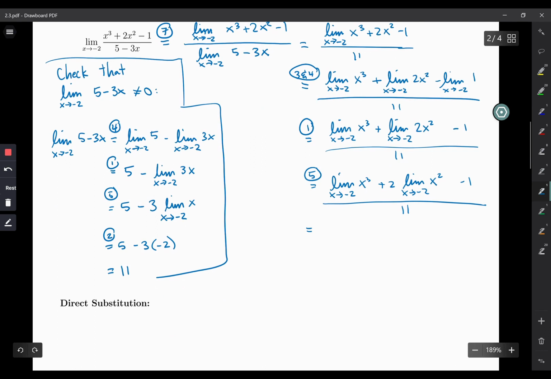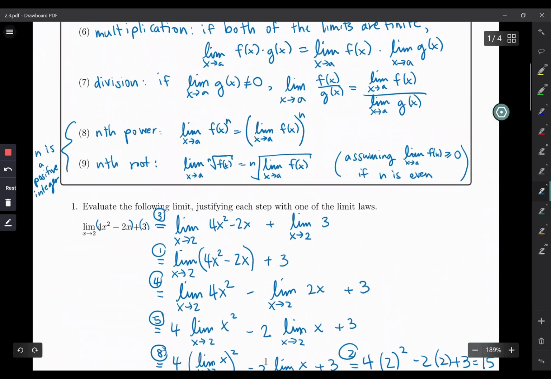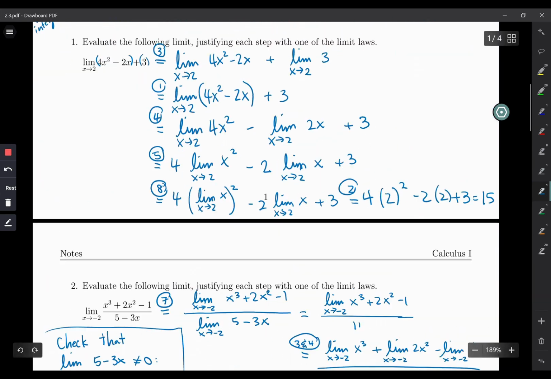Okay, and then we need to use the nth power rule. We'll use it on both of these limits. So I think that is number, which one is that? That is number 8.